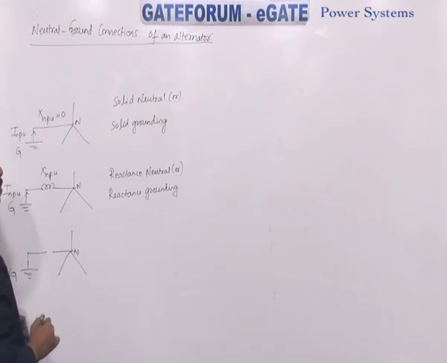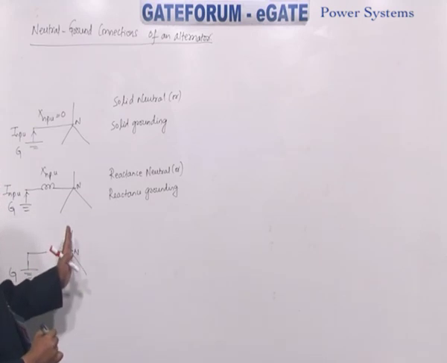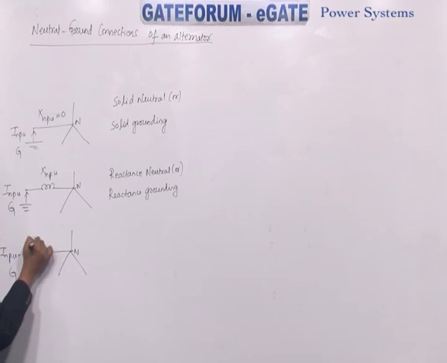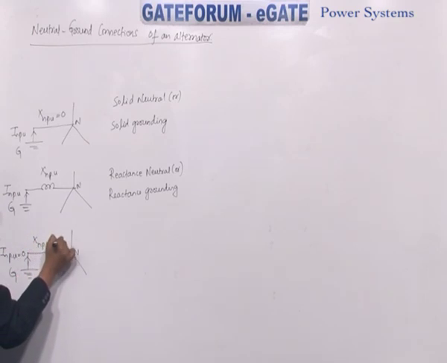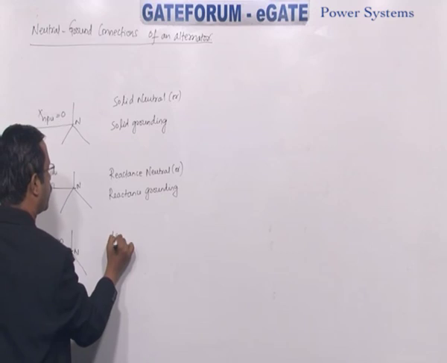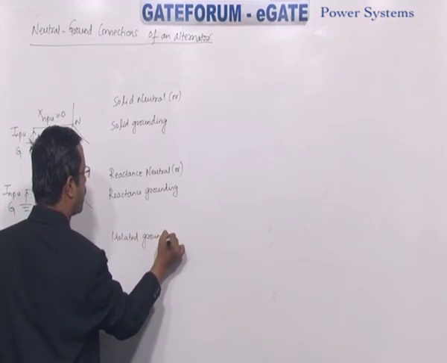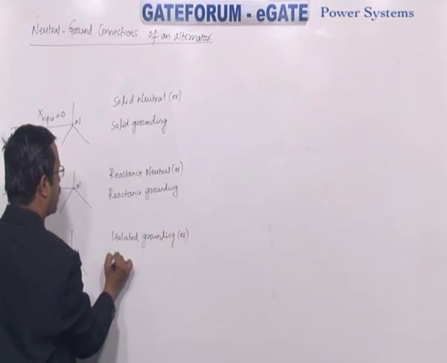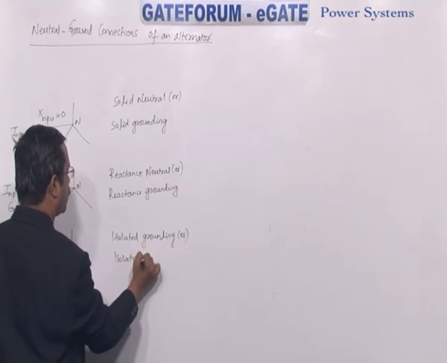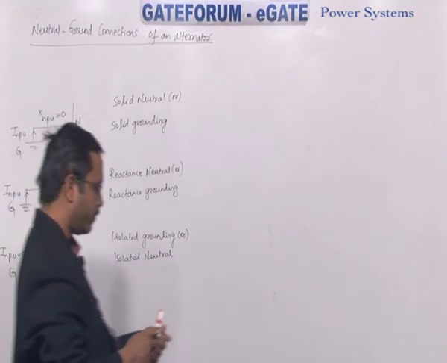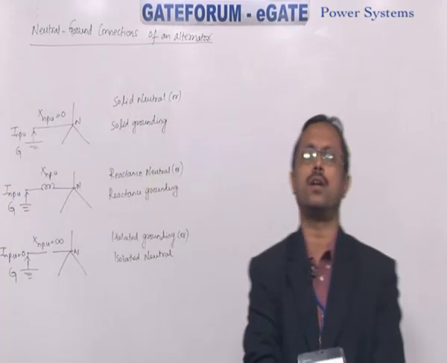Now further, ground can be isolated from the neutral. That is, current does not flow from the ground to the neutral. So what will be the corresponding reactance? Infinite. This type of connection you name as isolated grounding or isolated neutral.